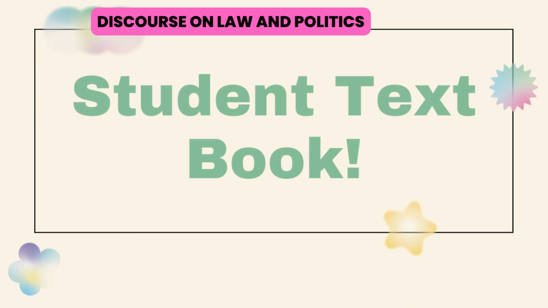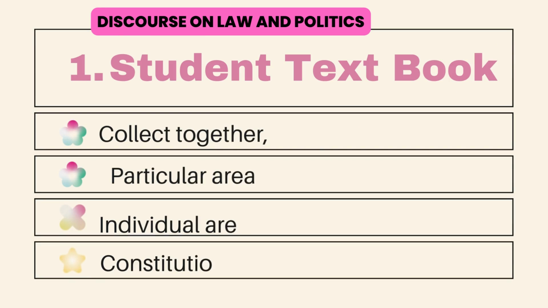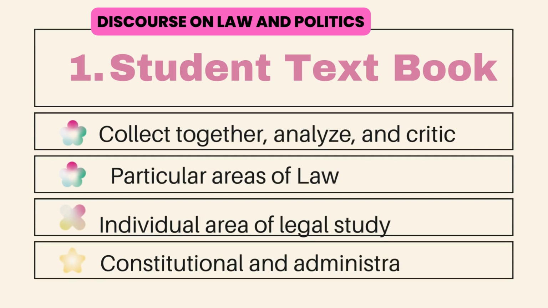The first kind of book which we are going to discuss here is the student textbook. You all know that the student textbook is a very popular kind of textbook. Normally, the student textbook has collections of subject matter related to very specific and particular areas of the law. In those areas of the law, they collect the matters and analyze and criticize that subject matter.